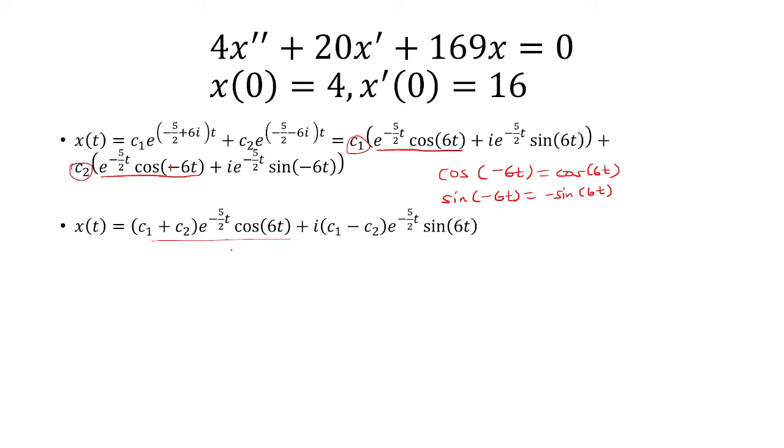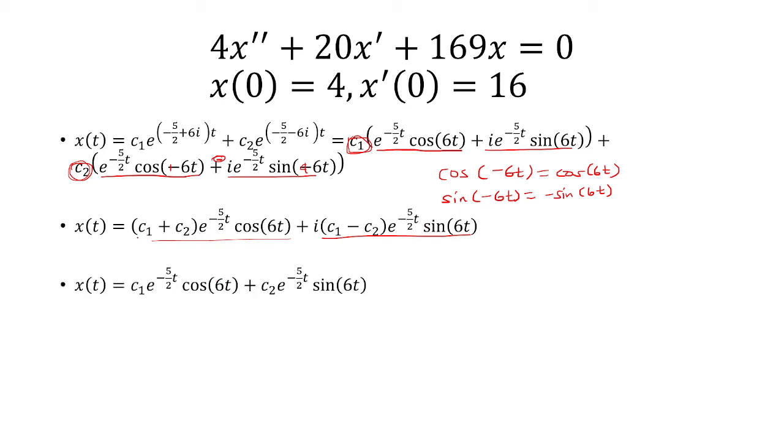That gives us this one. And then this negative turns into positive, and this comes outside. So these two are the same, but the coefficients again are c1 and c2, but there's a minus that separates them. So that's why we have c1 minus c2. And then of course the i and the e and the sine.